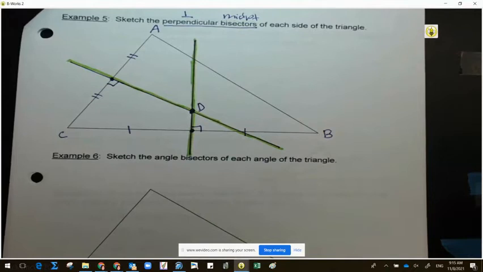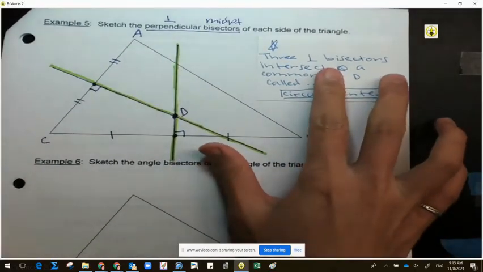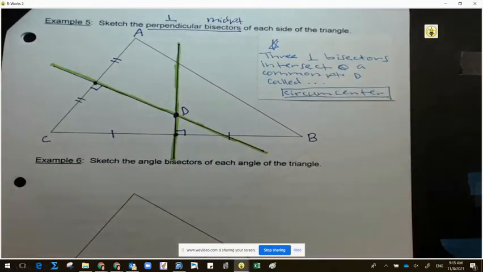And I'm going to give away something that you guys are going to see on the assessment. It could be quiz and or test, right? Write this out on the side. 3 perpendicular bisectors intersect at a common point called D for RD. It's called the circumcenter.